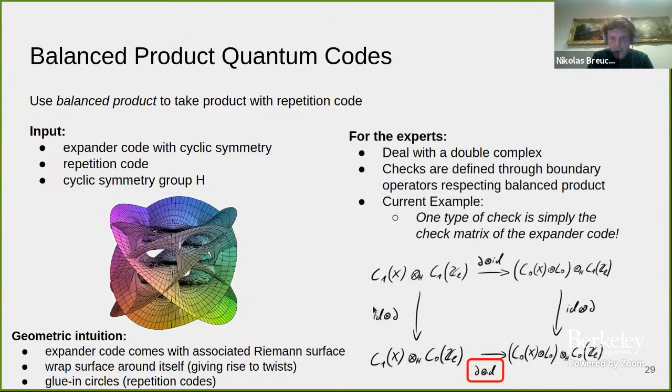In this picture, you can see it. There's a technical problem where the expander code might have parity checks with linear dependencies, which lead to logical operators which have low weight.